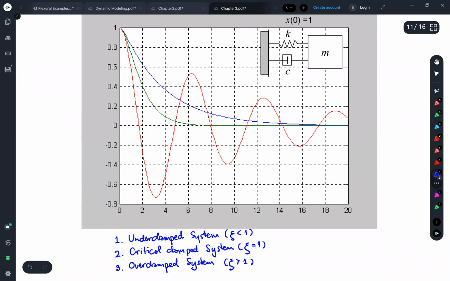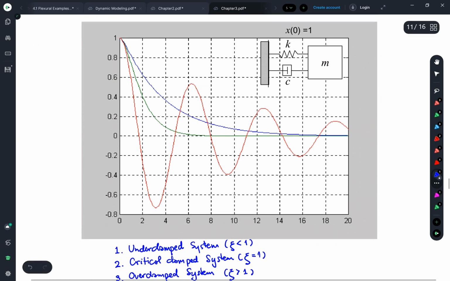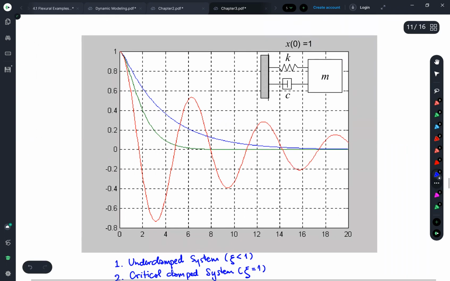My quiz, just asking you, the left one shows some oscillation from the initial condition. I think my plot is x0 equal to 1 and x dot 0 equal to 0.